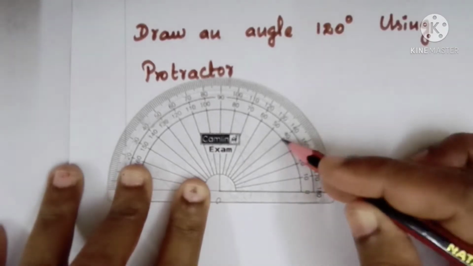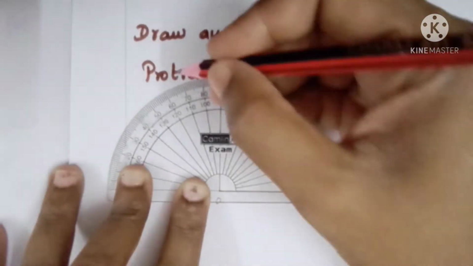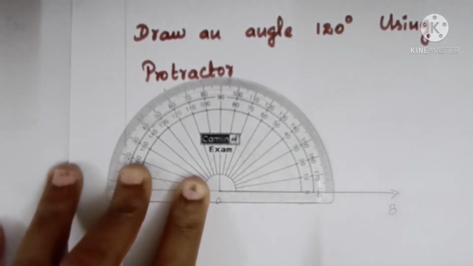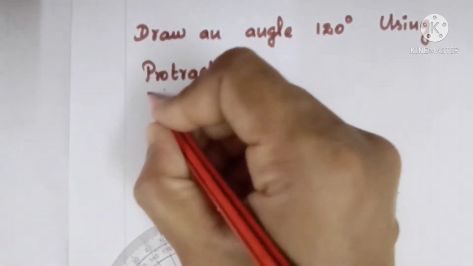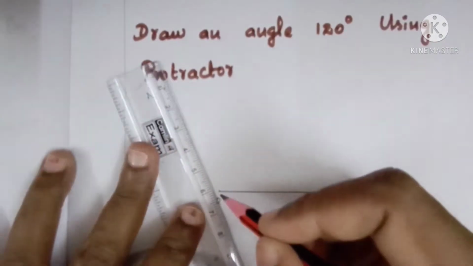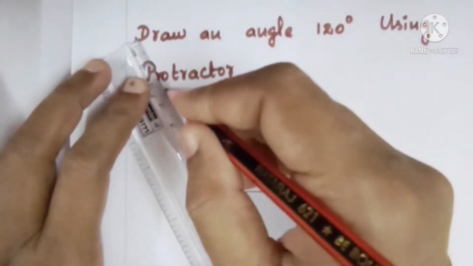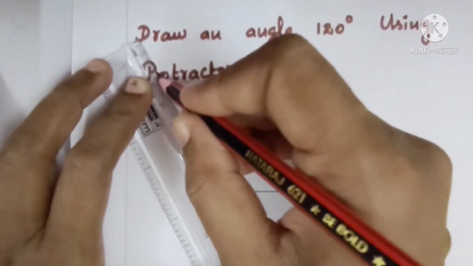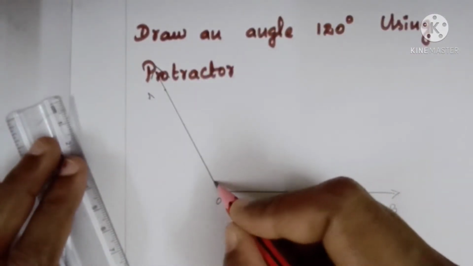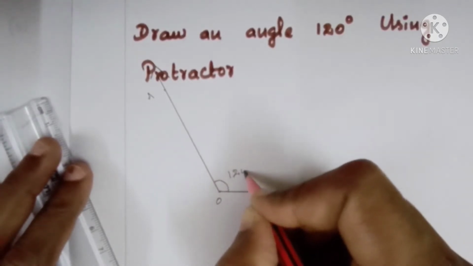Now measure 120 degree and mark it as A. Now join O and A with the help of ruler. Angle AOB is equal to 120 degree.